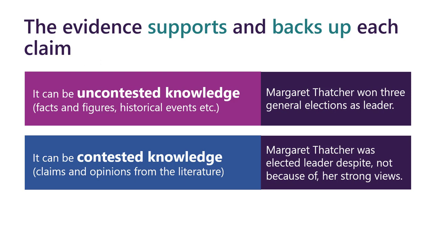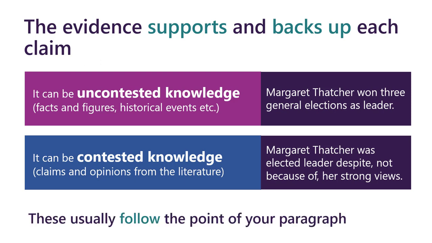You can still use it as evidence, but obviously you need to be a little more cautious about the way you write about it. So uncontested knowledge is what you know to be true, and contested knowledge is what you believe to be true. At university, a lot of the evidence you use will be contested knowledge, as you are dealing with new thoughts, ideas, and research. The evidence usually follows the point of your paragraph.